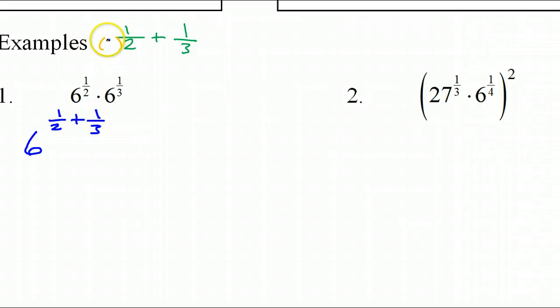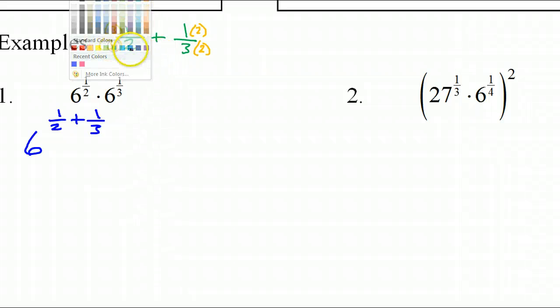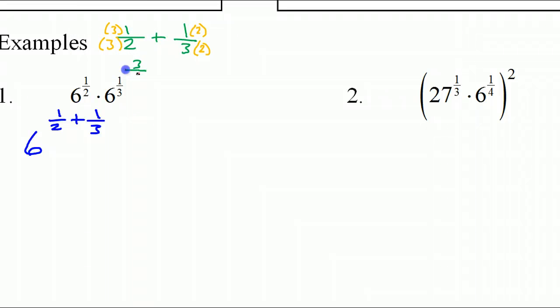I could multiply this by 3 in the top and bottom, that would make 6. And I could multiply this by 2 in the top and bottom, because that would make 6. So then this would become 3/6 plus 2/6.